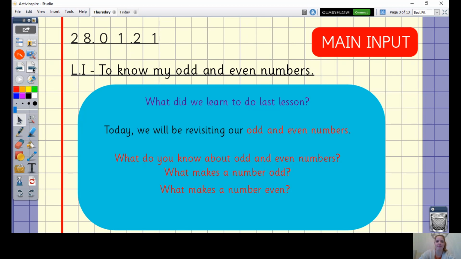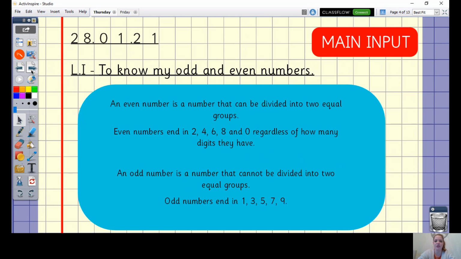Okay, so let's share together then. Looking at odd and even numbers, starting with even numbers. An even number is a number that can be divided into 2 equal groups. So, for example, the number 4, if I wanted to share 4 into 2 groups, my groups would be equal.